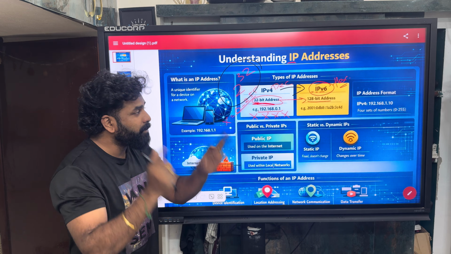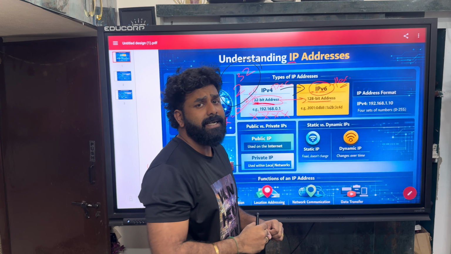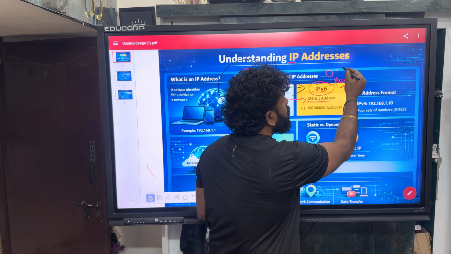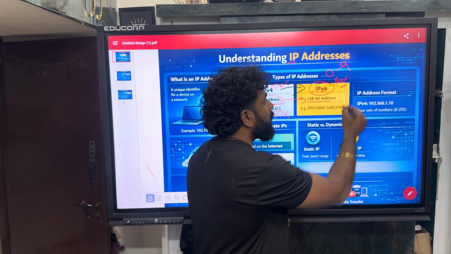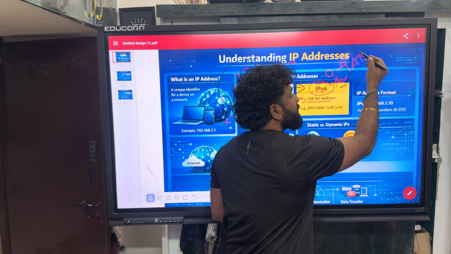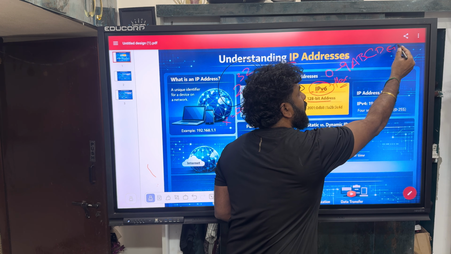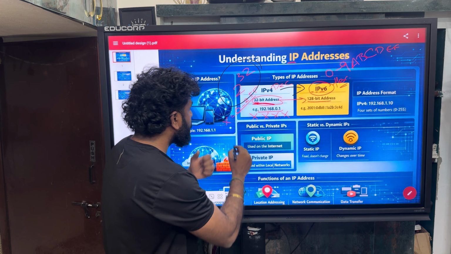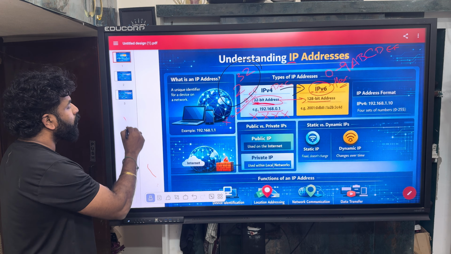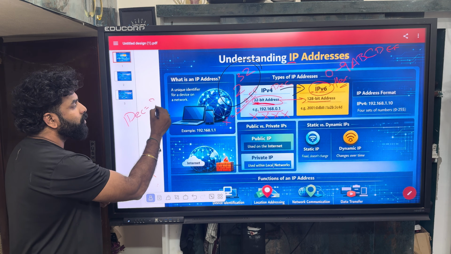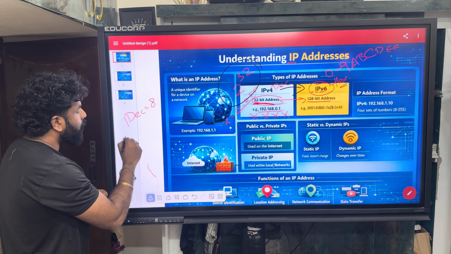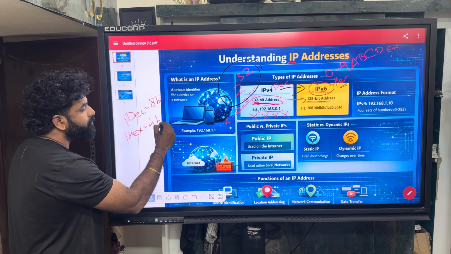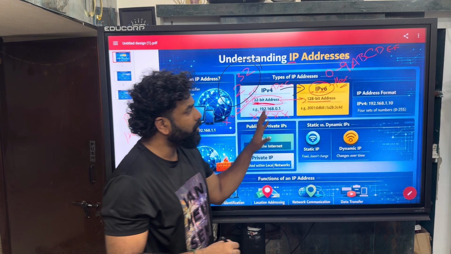When we talk about IPv6, it's made up of hexadecimal numbers, and hexadecimal means the range will be 0 to 9, then instead of 10 we will have A, then B means 11, C, D, E as well as F. 0 to F. One more important thing, I'll write down here on a white paper. One decimal number is equal to 8 binary bits. One hexadecimal is equal to 4 binary bits. Remember that.